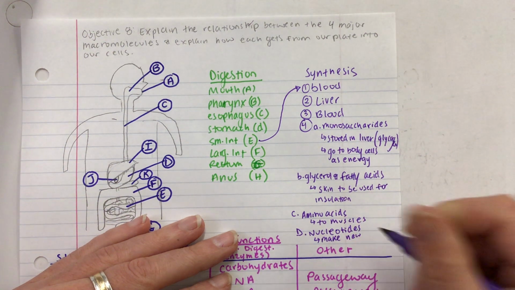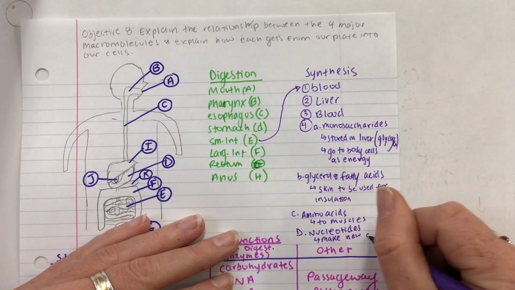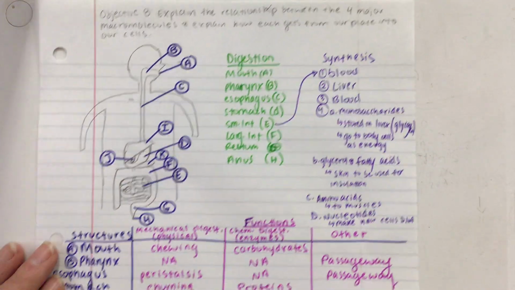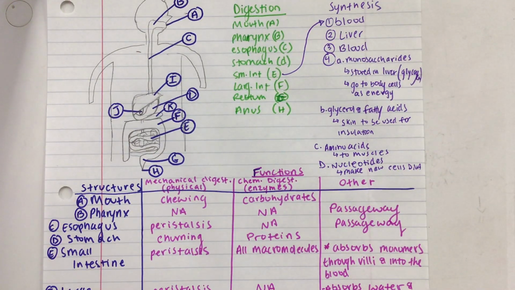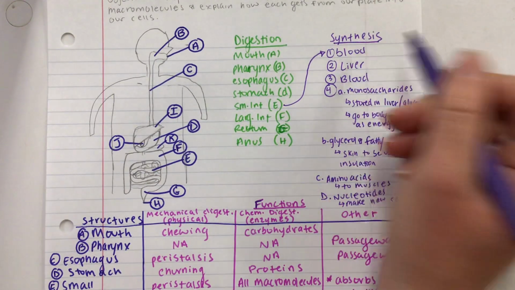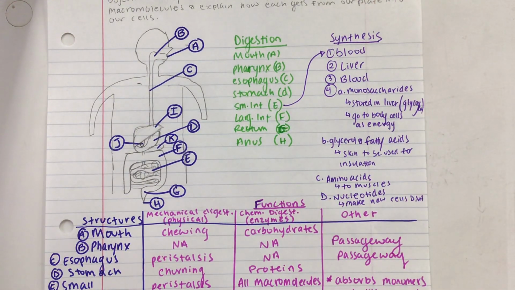They'll bring some building blocks to make DNA for new cells. Okay, maybe that's in the skin, because we lose skin cells all the time. Maybe it's in the stomach. Could be anywhere. Maybe you're growing. That's why you need new cells. Lots of different reasons. And that is it. Digestion and synthesis, from our plate to our body cells.